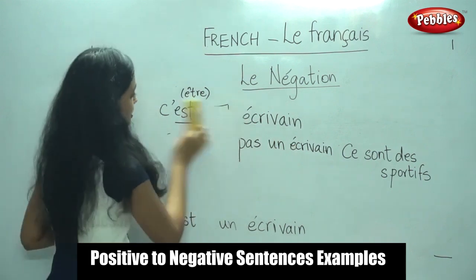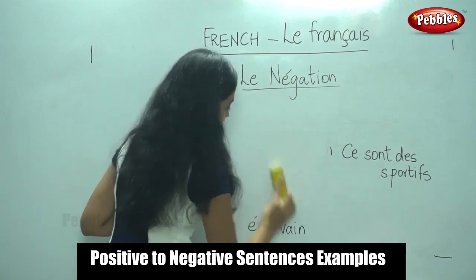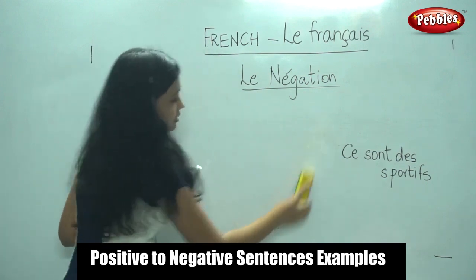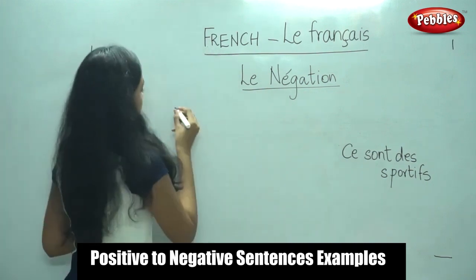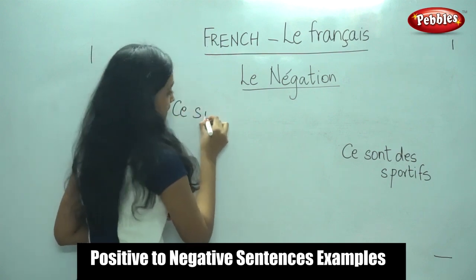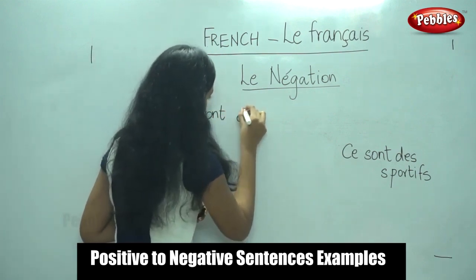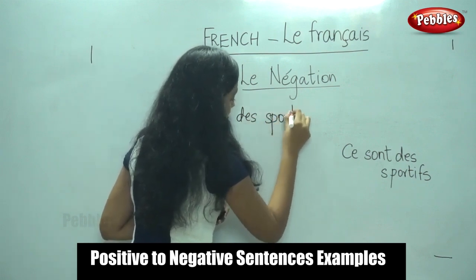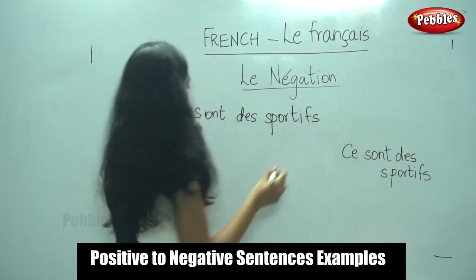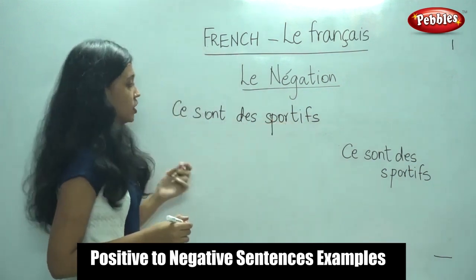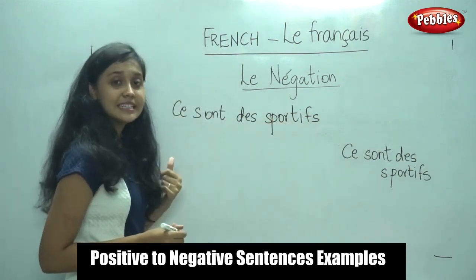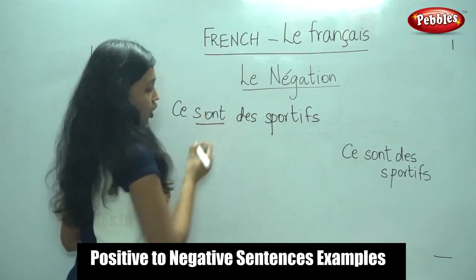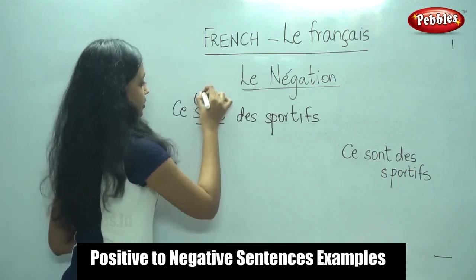So, let us do one more sentence of this type. Consider that sentence. Ce sont des sportifs. So, what is the verb in this sentence? It is sont. It is the être verb.